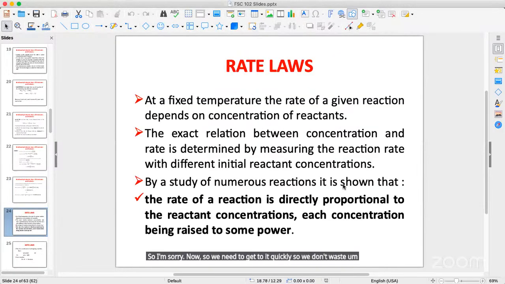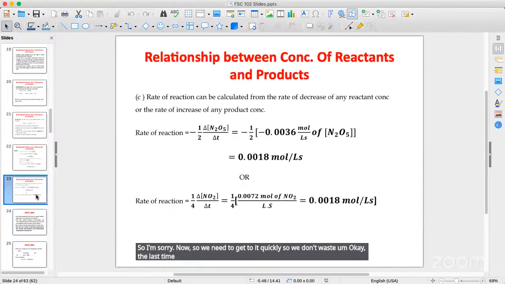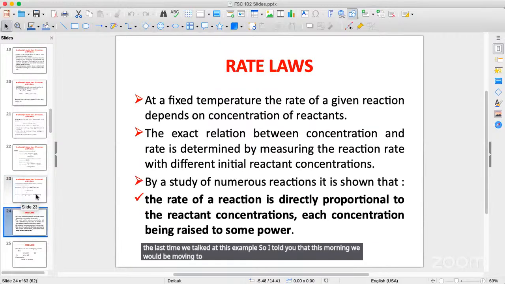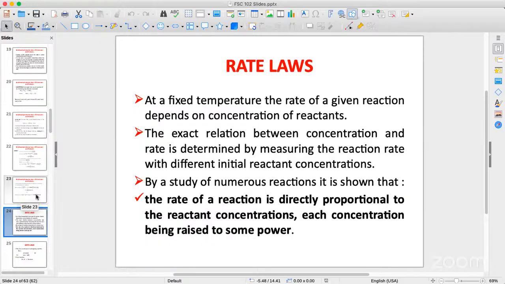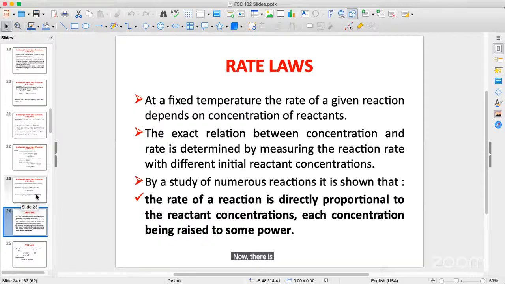Now, we need to get to it quickly, so we don't waste more time. Okay. The last time we stopped at this example, so I told you that this morning we would be moving to rate law. Now remember that when we were defining chemical kinetics yesterday, we said chemical kinetics was about rate of reaction and mechanism of reaction. Now, there is a relationship between the two.